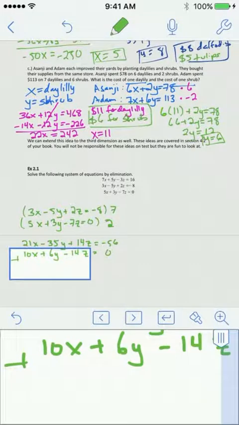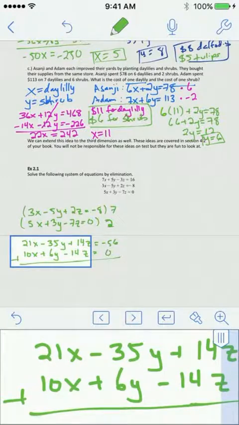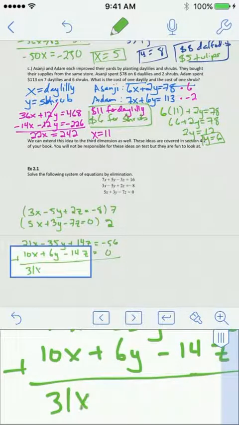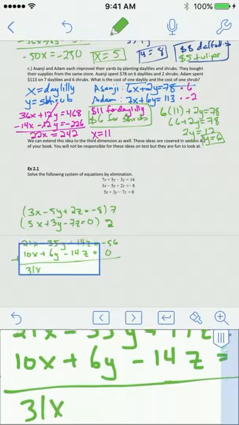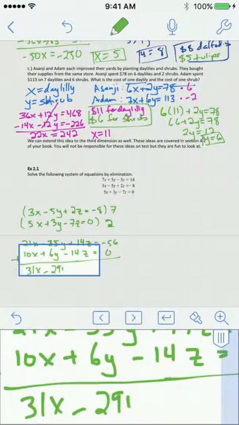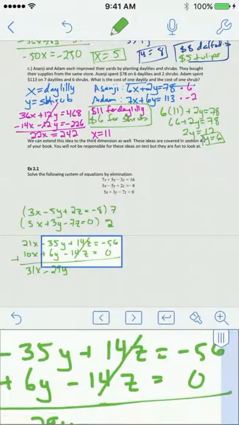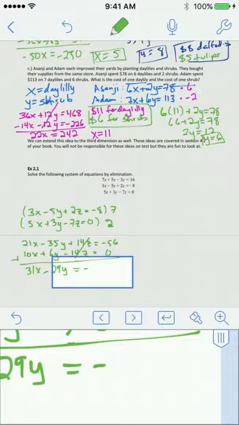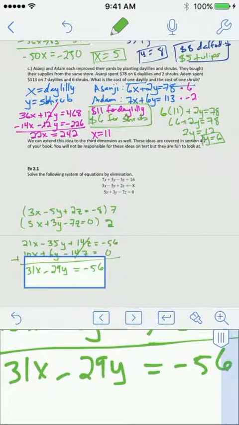And then I'll add, just like I've been doing for everything else with two systems, right? And I end up getting 31x minus 29y. I just had to double check that that was in fact 6 and 35. Now the z's cancel just like I wanted, and it equals negative 56. So I've eliminated one variable. Sweet. So I eliminated z.